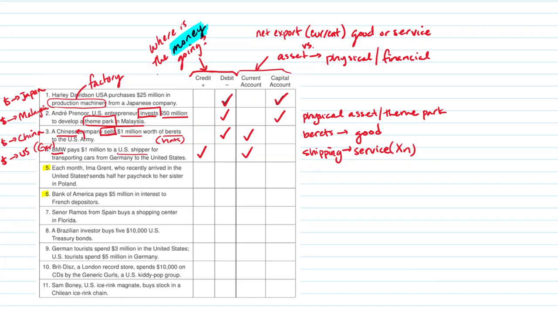Number 5, each month an immigrant who recently arrived in the United States sends half her paycheck to her sister in Poland. So first of all, the money is going to Poland. It's leaving the United States and going to Poland, so that's going to be a debit. But what gets students here on this one most of the time, this goes on the current account because this is a transfer.